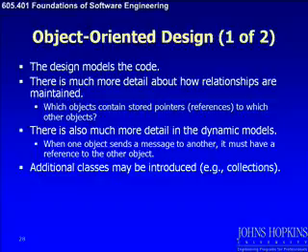And the dynamic models are at a much lower level of detail. We're getting almost down to programming level of detail in some of the dynamic models. We have to identify which objects send which messages to which other objects in what order. And so we're actually getting down to levels of detail that some people might think of as programming.